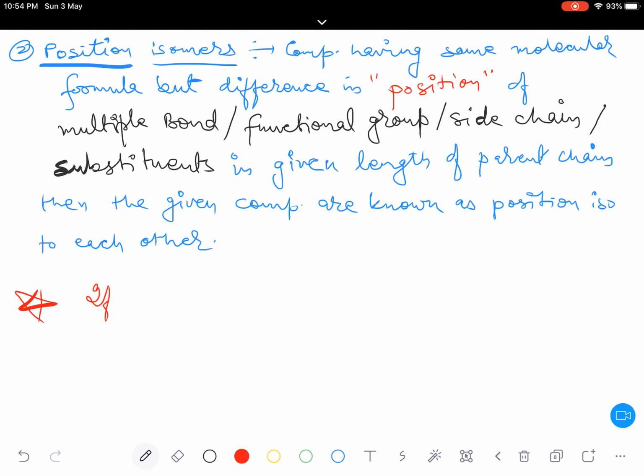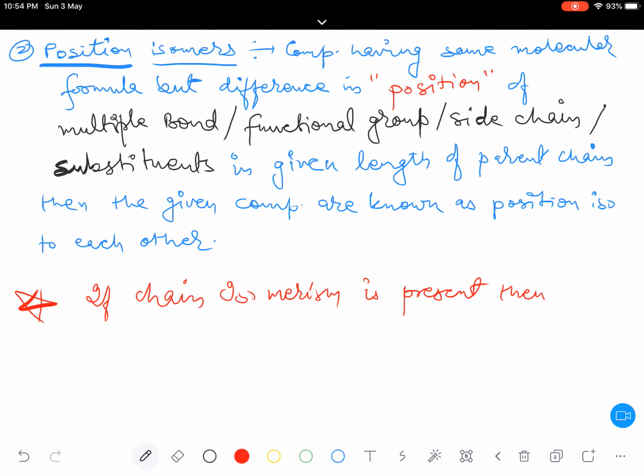We say if chain isomerism is present, means if two compounds are said to be chain isomers to each other, they will never be position isomers to each other.